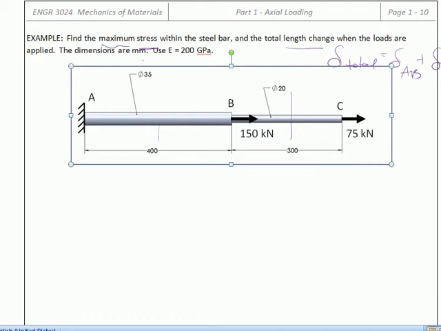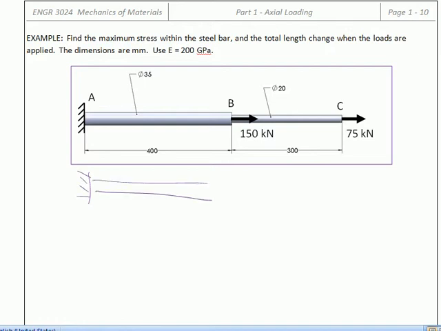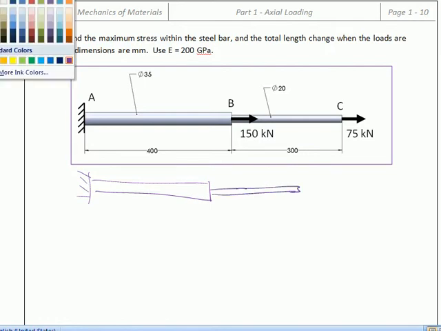And we're looking for maximum stress, which means we're going to have to find the stress in this segment and that segment and compare them to see which one is in fact greater. So to start out, it's never a bad idea to do a free body diagram and figure out all of the external forces acting on a structure.